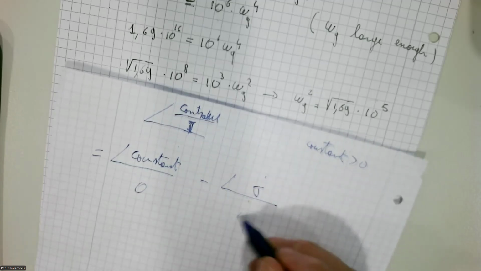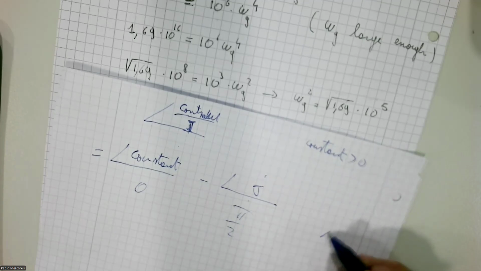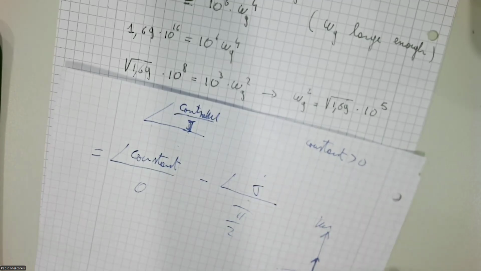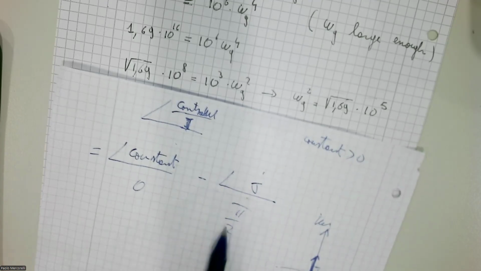The phase of j is pi divided by 2. Practically, do you remember this? On the imaginary and real axes, you can see directly that this vector in this position has phase pi divided by 2. I will show you a little better what I intend with the calculation of the rest of the phase. Now it's clear why it's minus pi divided by 2.